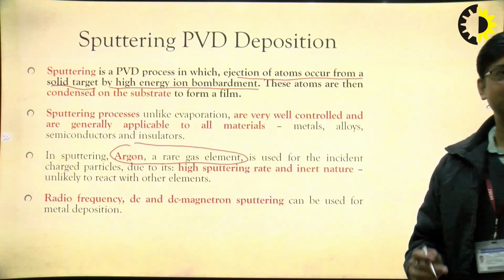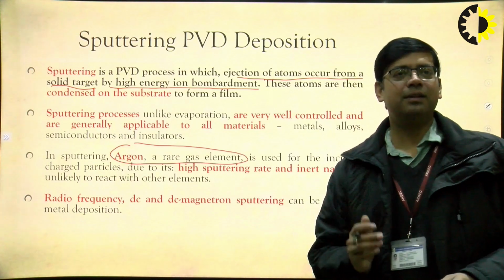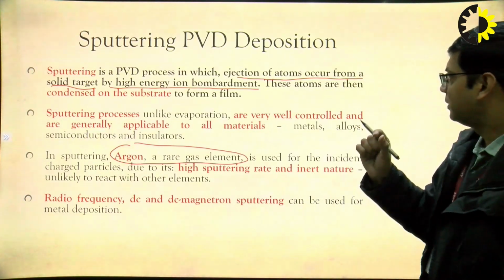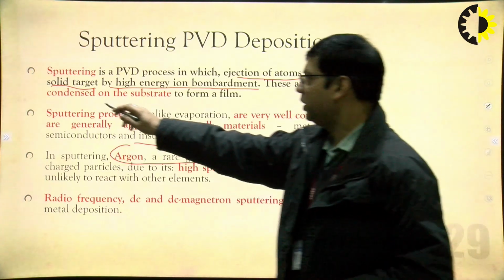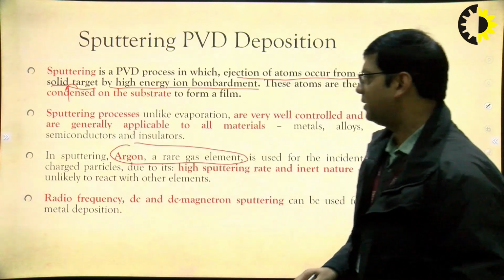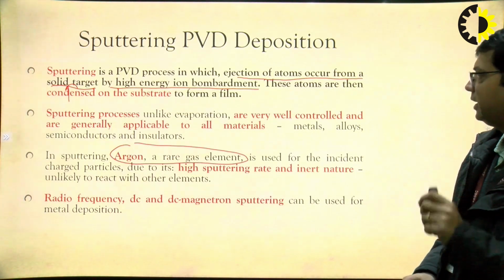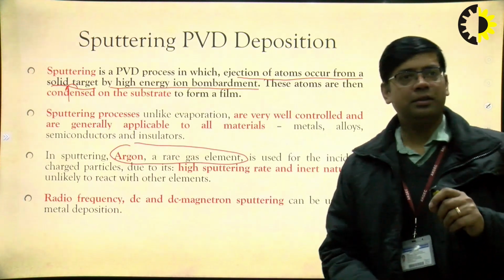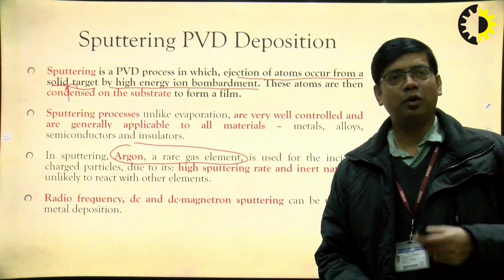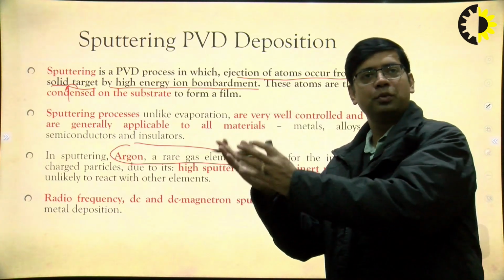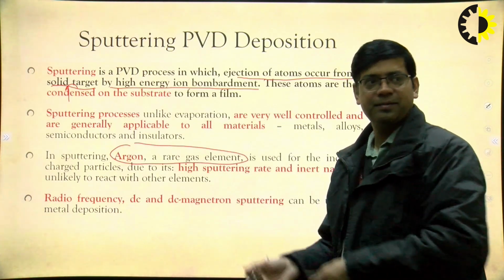We are using inert gas molecules, atoms, and these inert gas molecules bombard the target material, which is solid. And when these inert gas molecules target this solid material, then the vapors are generated, the ions are generated, and those ions are transported to the substrate, where on the substrate it get deposited.